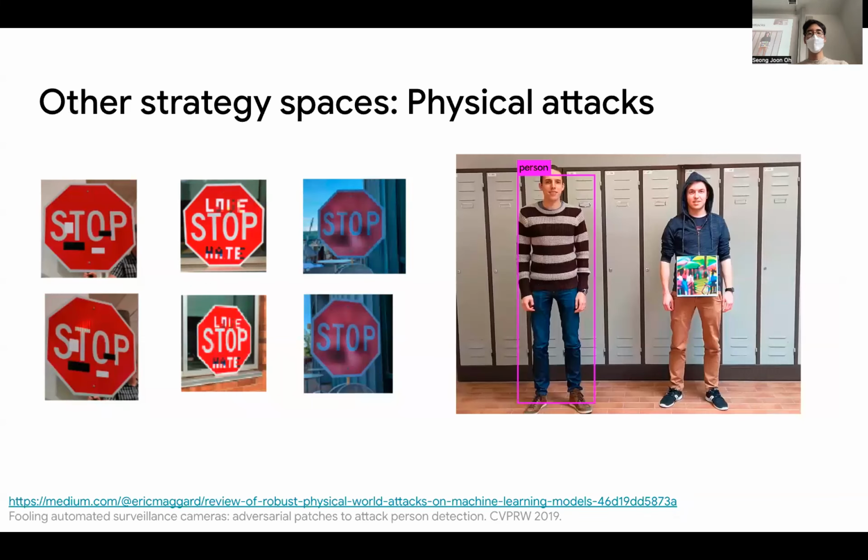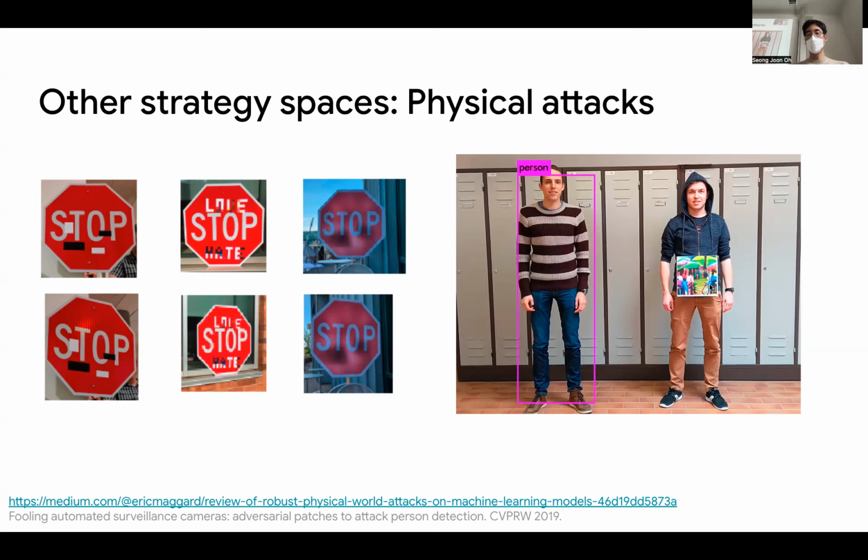Okay. So now people agree with this kind of viewpoint as well, and they also look into other types of strategy spaces, like physical spaces. So they try to put stickers on a stop sign, or some painting, graffiti on a stop sign, to make sure it is not detected by self-driving cars.